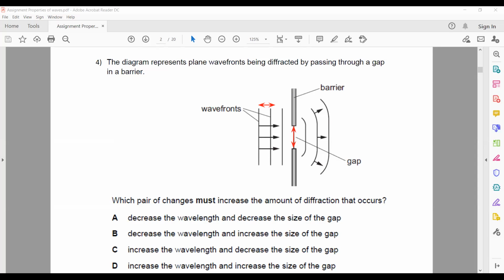We want to make them the same size. How can I make them the same size? Because the wavelength is smaller, I should increase the wavelength. And the gap size is bigger, so I should decrease the gap size. So increase the wavelength and decrease the gap size until they are the same. That's why maximum diffraction will occur.